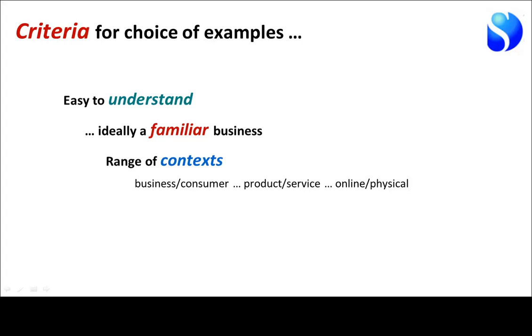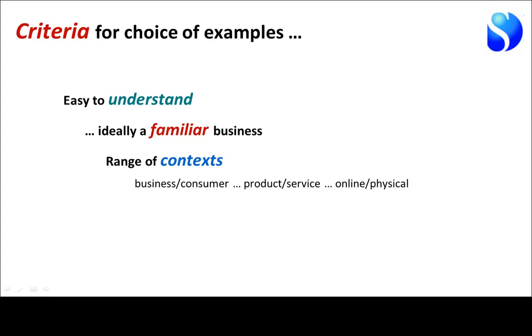The next issue is that we need to show that what we do is relevant to a very wide range of different contexts. It's no good offering models of one retailer and then another retailer and then an airline and then another airline. We need to show that strategy dynamics or system dynamics applied to strategy questions is useful in the business-to-business world.